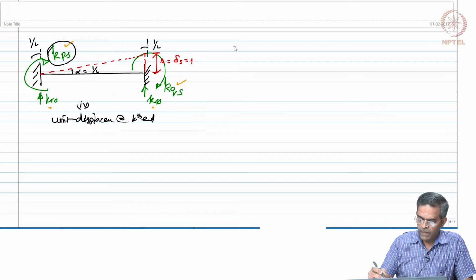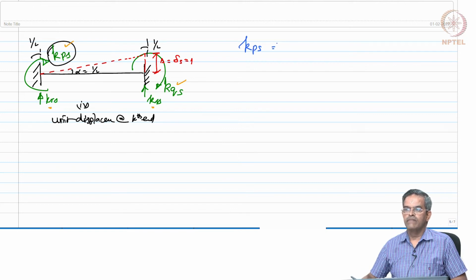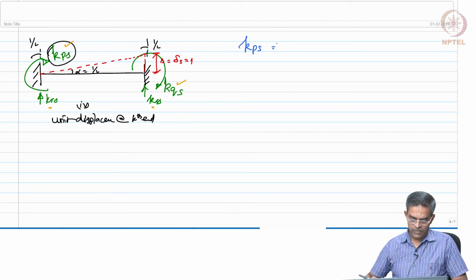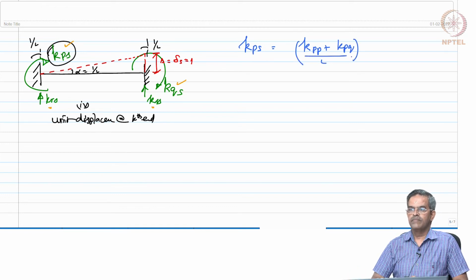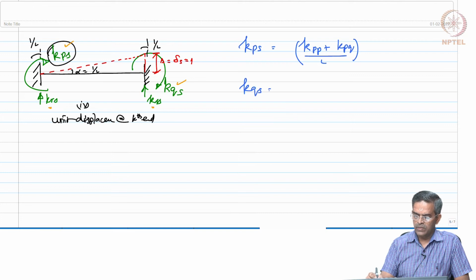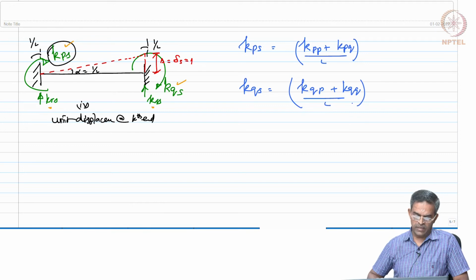You know, KPS will be actually KPP plus KPQ by L. KQS will be KQP plus KQQ by L, but there is a small change here.